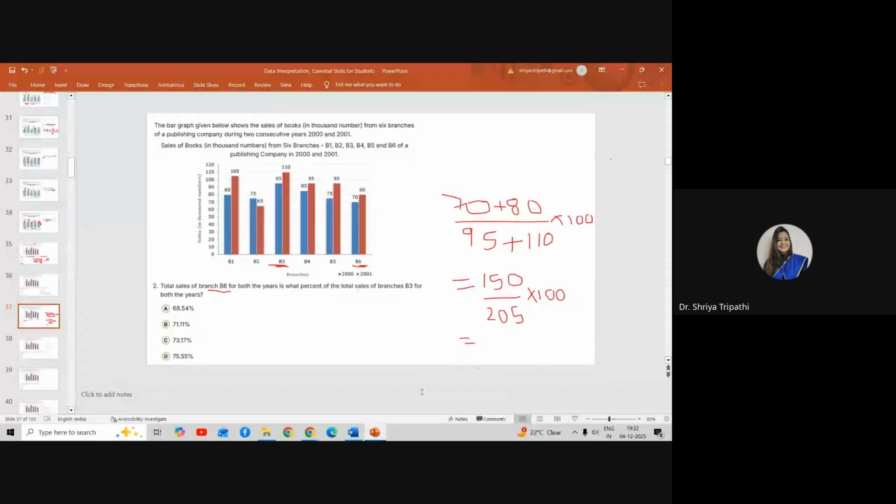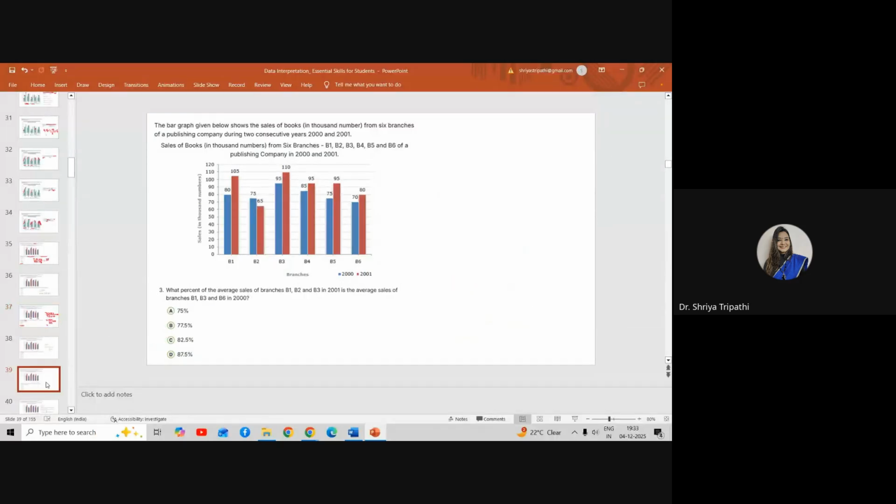Everyone, are we getting this answer, 73.17? So again, remember, B6 first, we will put it in the numerator, B3 in the denominator, into 100. So the right answer here is 73.17. Okay. Next question on the screen.